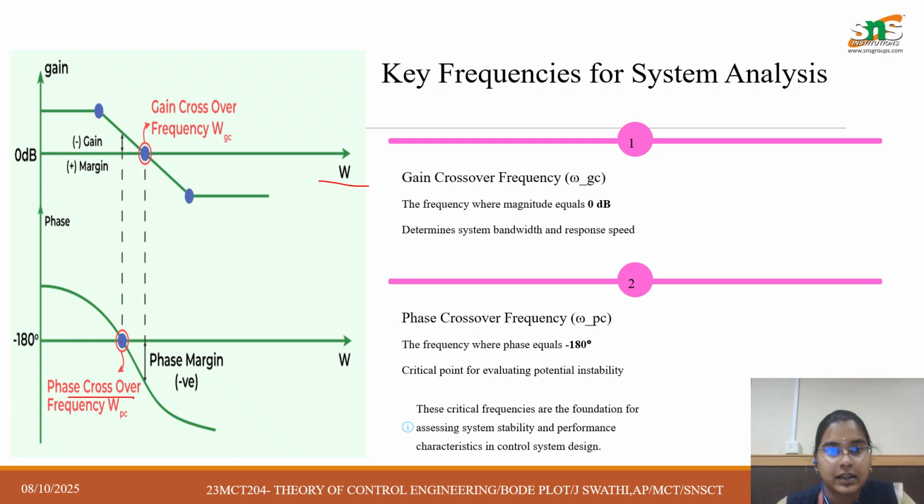Next is system analysis. Usually we use Bode plots to determine the gain margin and phase margin, system stability and system behavior. Gain margin indicates the system stability, and in system stability we have to define how a closed loop system will behave, which is crucial for closed loop system design. For system behavior, we analyze how the system responds to input signals, helping to estimate the transfer function or diagnose issues.